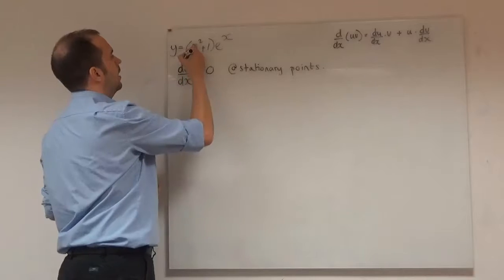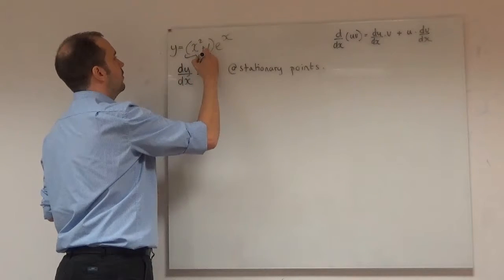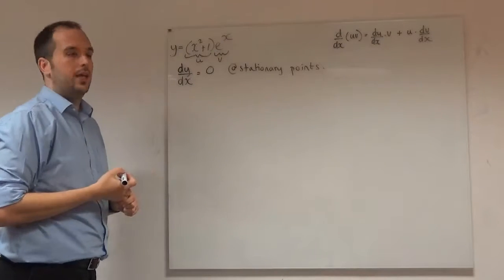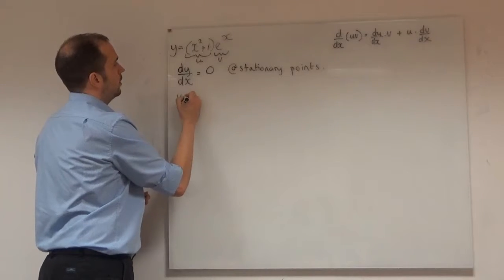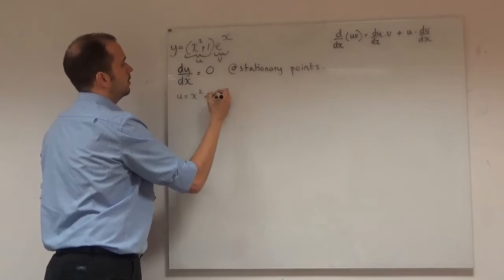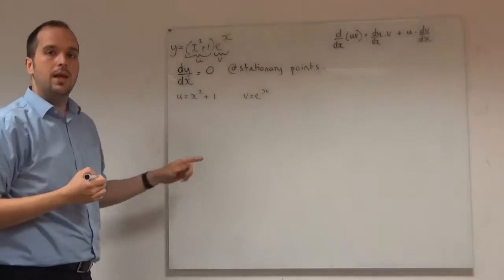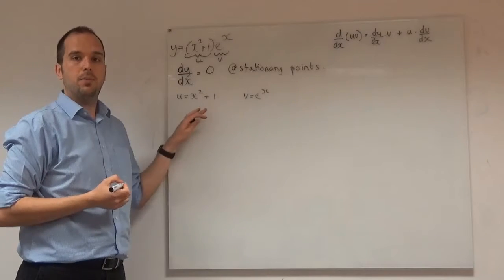So taking this example, I'm going to set u as x squared plus 1 and v as e to the x, and I need to find the derivatives of both of these functions.